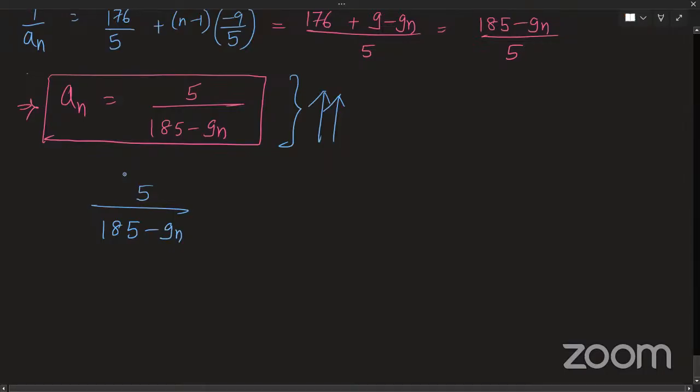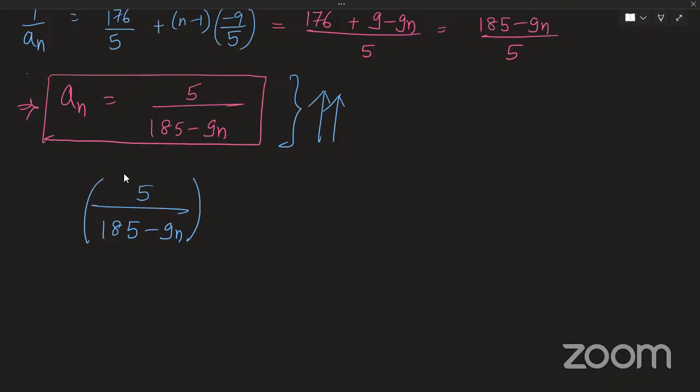When can this number be largest? When does this number grow in value? See, the numerator is constant, 5. So what should I do to the denominator to make this value higher?